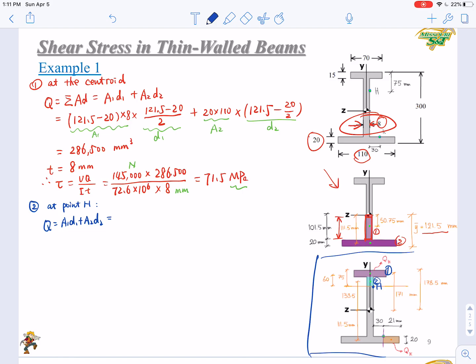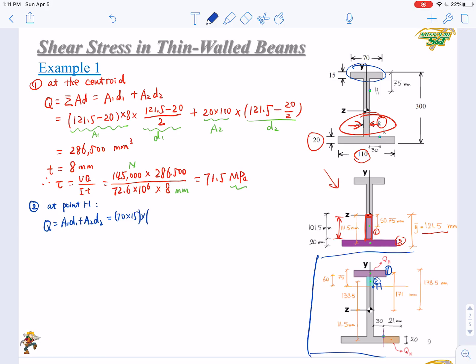The A1 will be, look at here, the dimensions are 70 by 15. This is the A1, times D1.